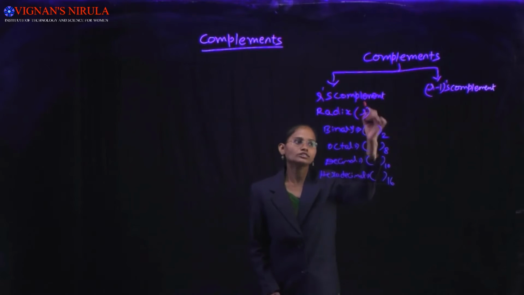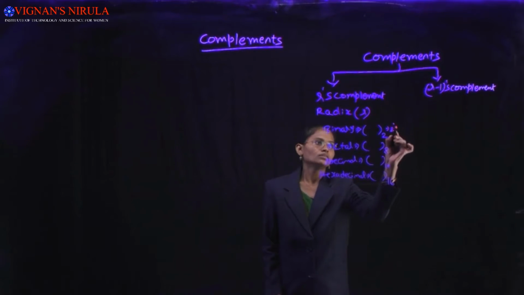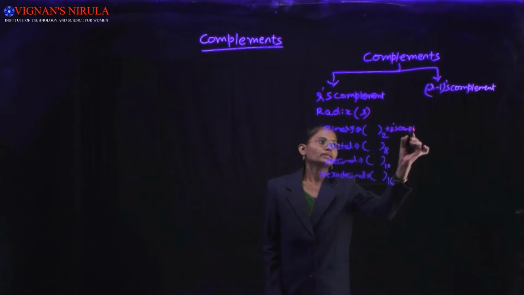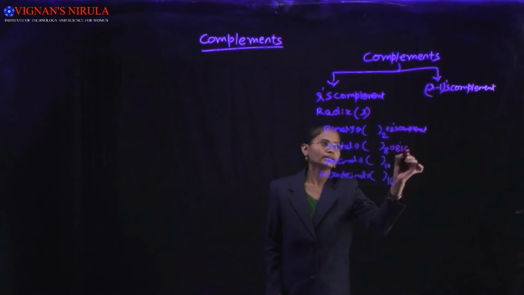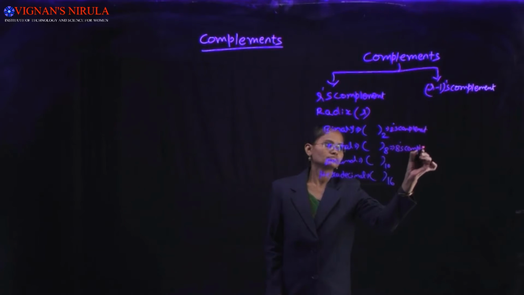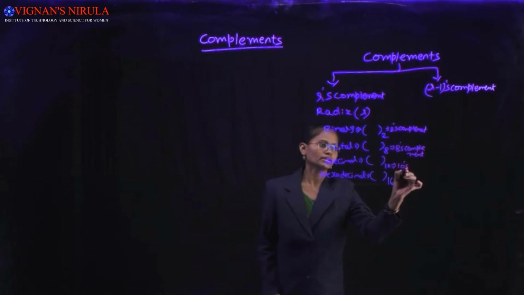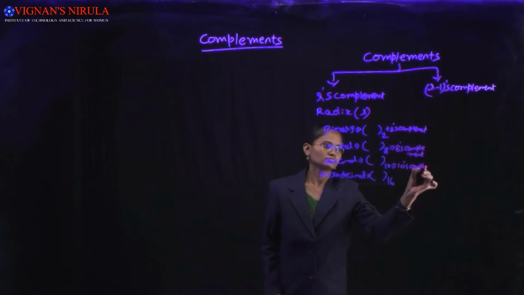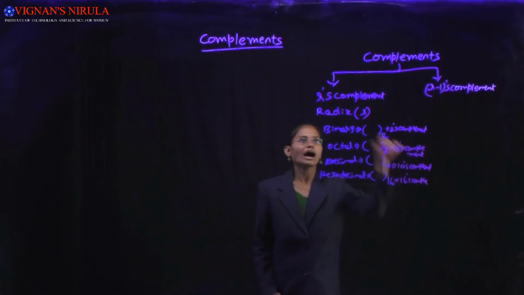These are the R's complements. This is the 2's complement, this is the 8's complement, this is the 10's complement, and this is the 16's complement. These are the R's complements.